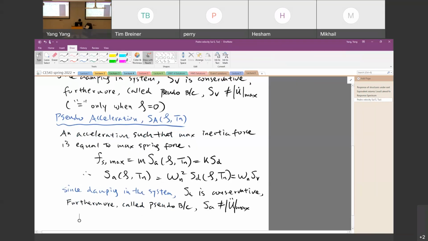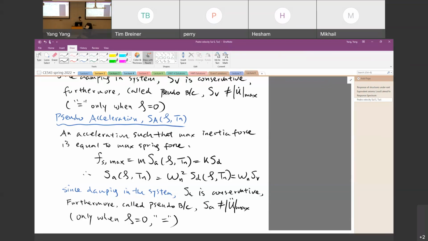Only when there is no damping, that's correct. Only when there is no damping can we remove the pseudo here. So actually, when you do design, the design spectrum is based on the pseudo acceleration response spectrum.